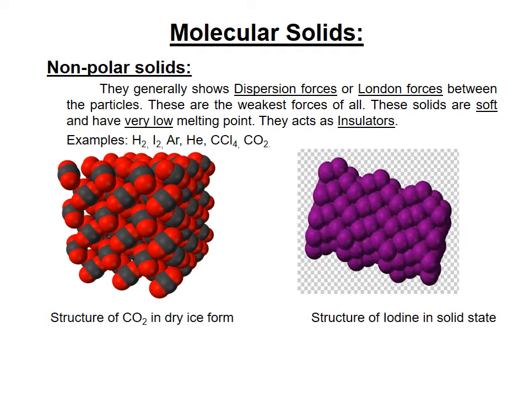These types of solids show additional forces like dispersion forces or London forces, which are the weakest forces found in van der Waals attraction. Hence, these solids are known as non-polar molecular solids.